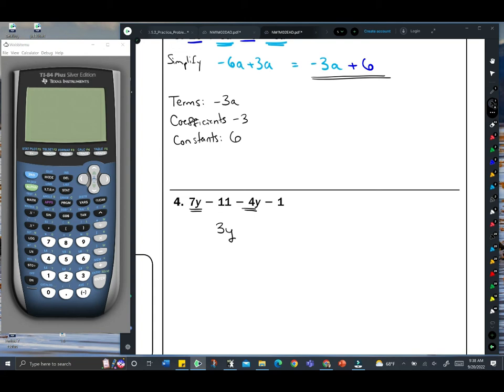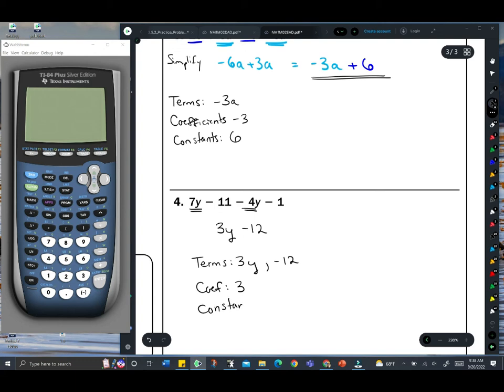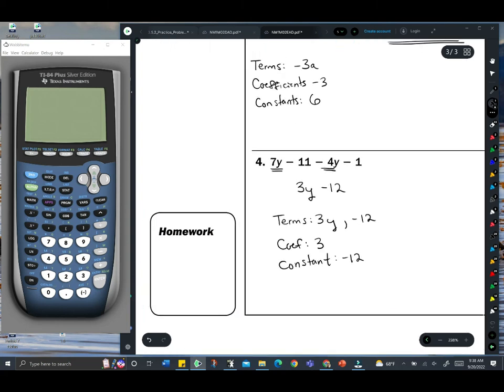Negative 11 minus 1, we'll also combine those. We're going to have our terms, our coefficients, and our constant. Okay, so that's that in a nutshell.